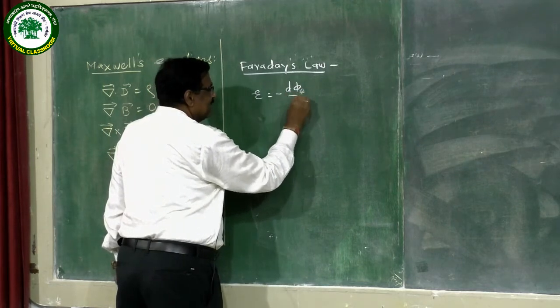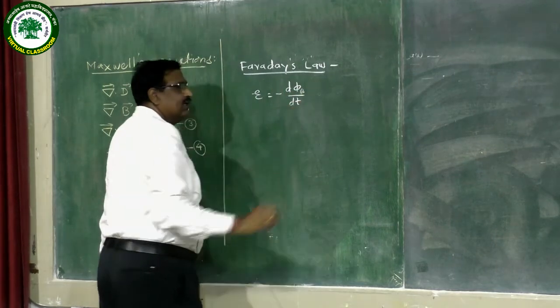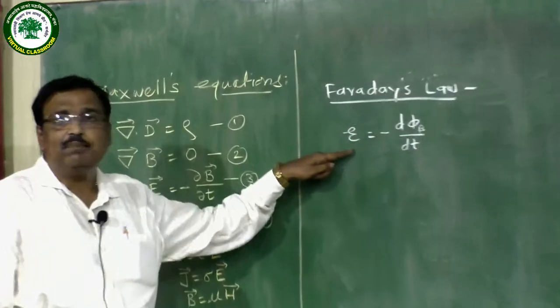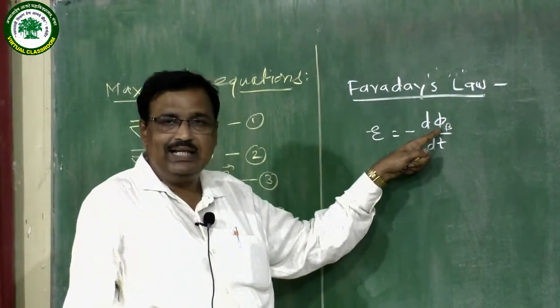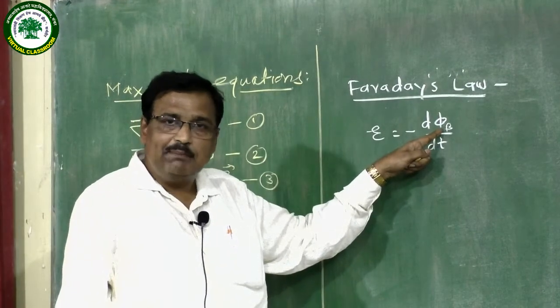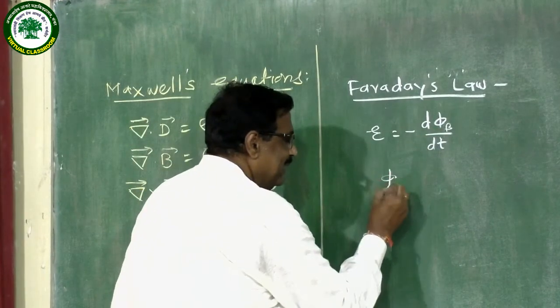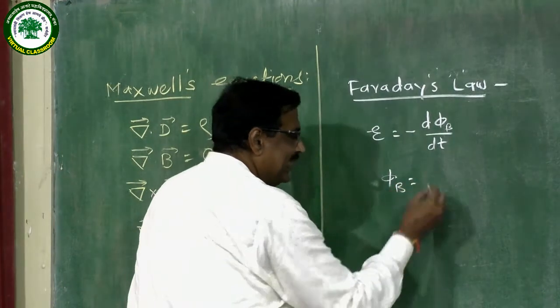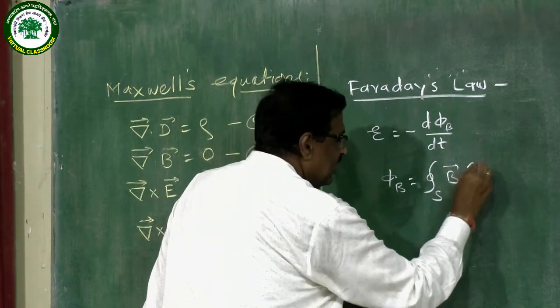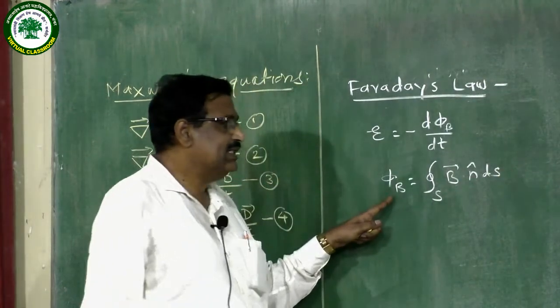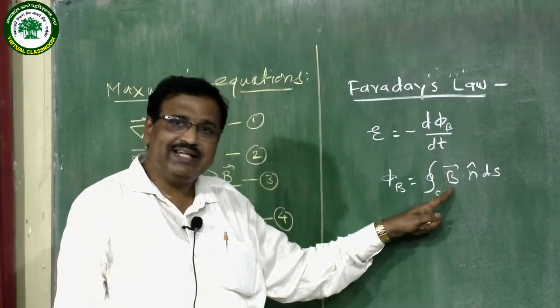So it is written as minus dφ_B/dt, where this flux φ_B is the flux due to the magnetic induction, and it is written in terms of magnetic induction as the integral over S of vector B dot n dS. So flux is expressed in terms of magnetic induction B.